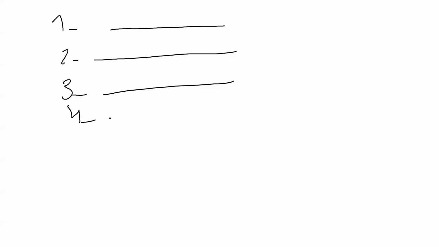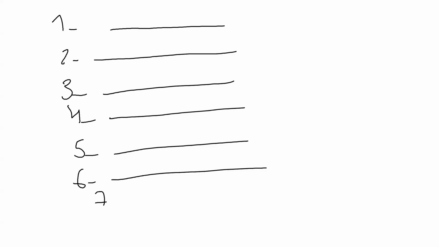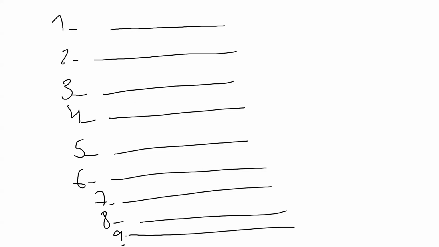Now we have to speak about energy. Let me try to write the steps in this way. So in the first step, guys, glucose becomes glucose 6-phosphate.